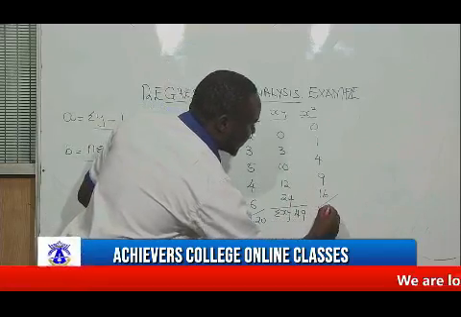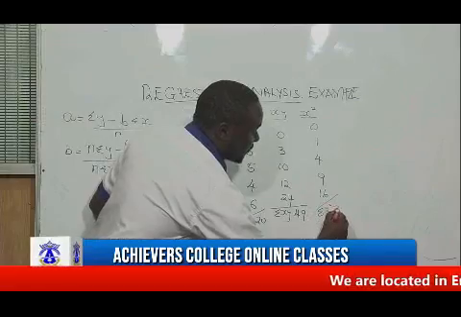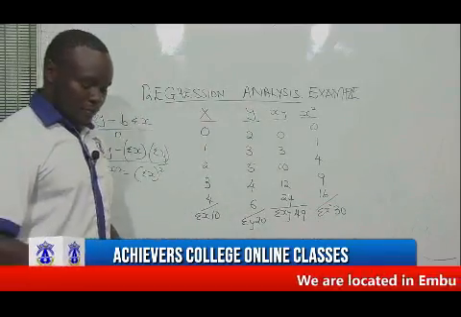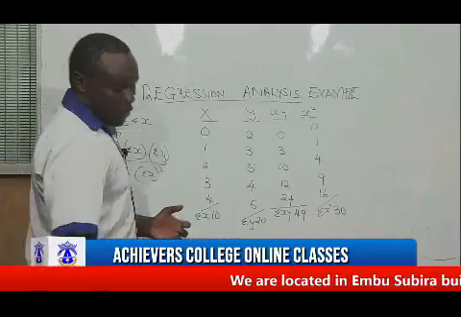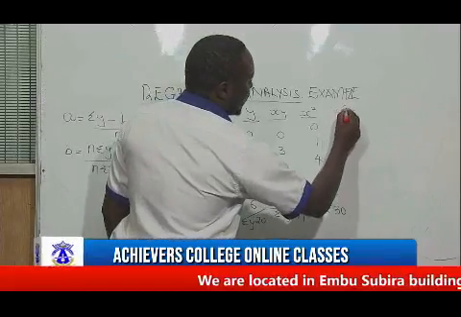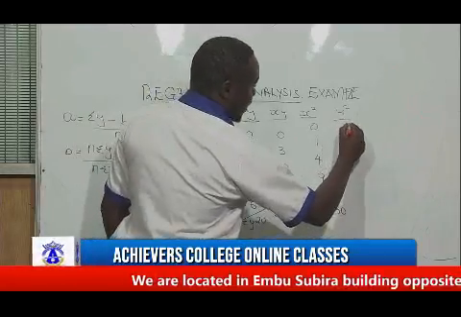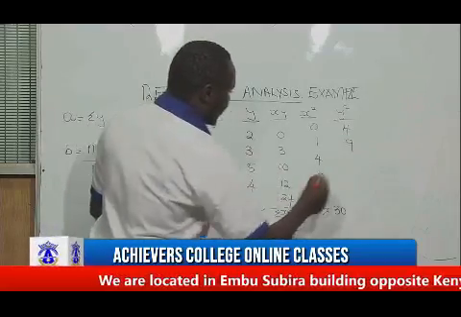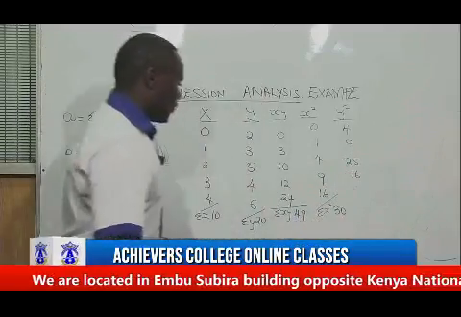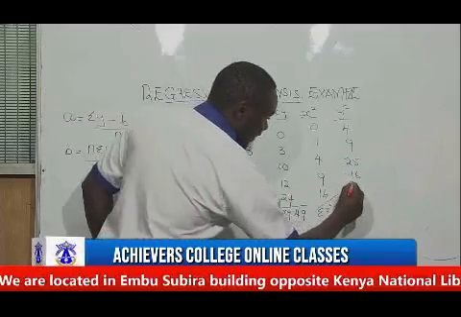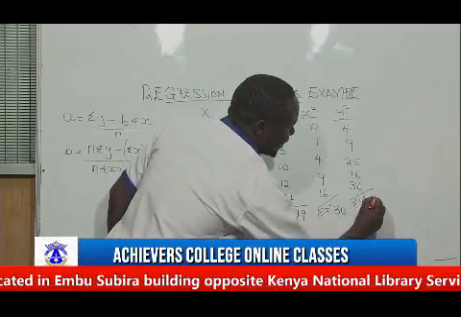The summation of x squared is 30. The last thing is the summation of y squared, where you square the values of y: 4, 9, 25, 16, and 36. The summation of y squared is 90.